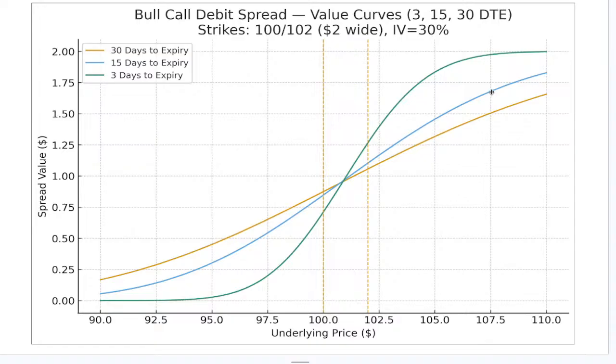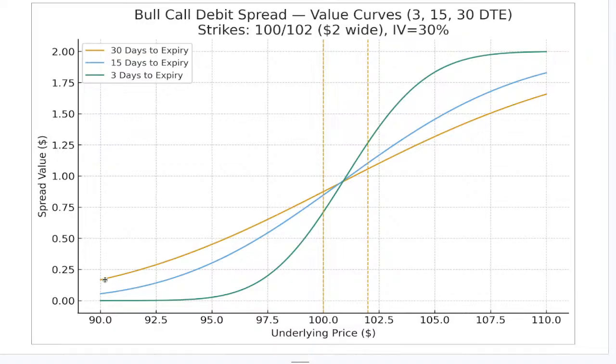But you see that for 15 days, even though you move to 105 or 107.5, you cannot get near full profit because the gradient is very gentle. So the longer the time to expiration, the less sensitive it is compared to the one nearer to expiration. So these are the distinguishing elements for different DTE, days to expiration, options when you're doing a spread.